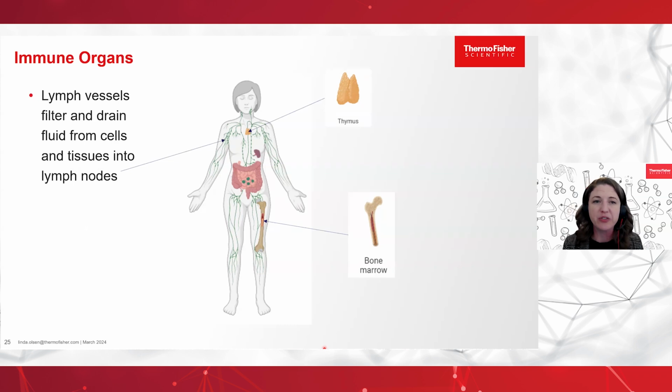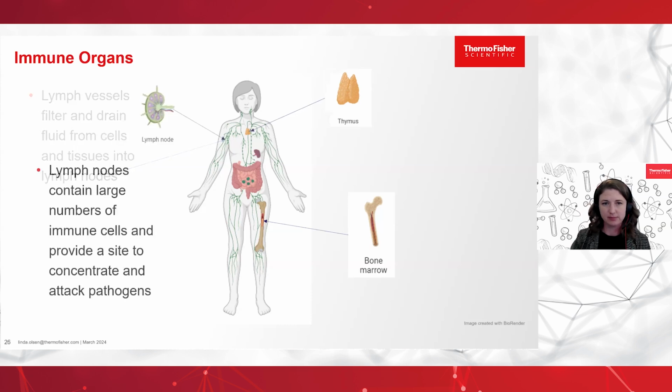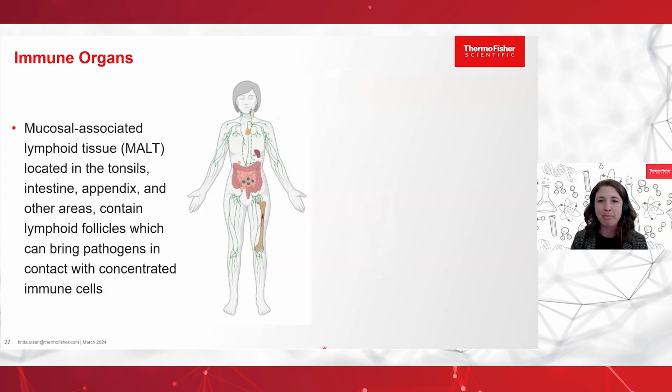Lymph vessels filter and drain fluid from cells and tissues into the lymph nodes. This is in conjunction with our circulatory system. We also have our lymph circulatory system. Lymph nodes are centers which contain large numbers of immune cells and provide a site to concentrate and attack pathogens.